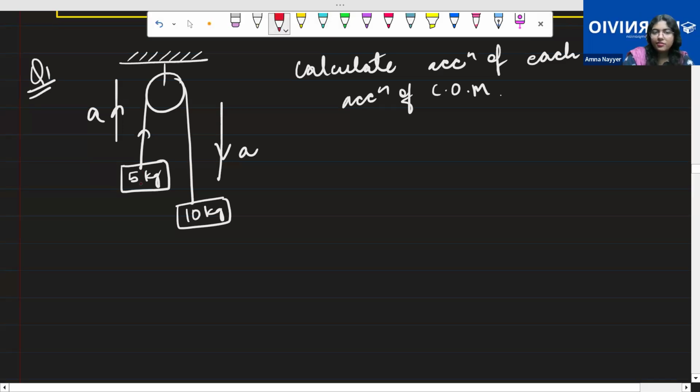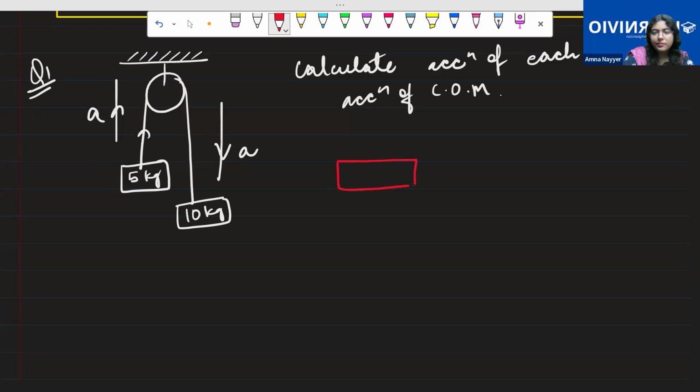This is a body of 5 kg weight. So, if I draw its free body diagram, this is 5 kg.